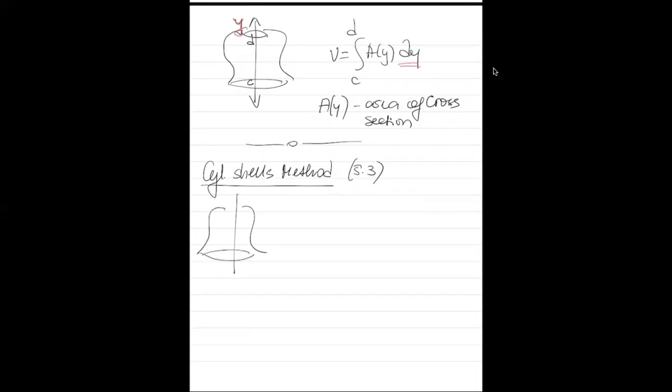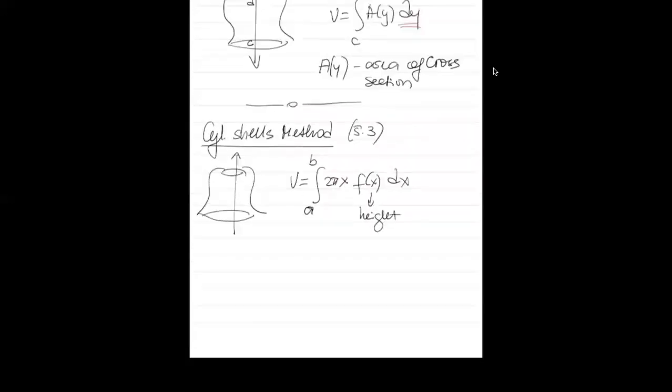We have some solid, it could be hollow inside, and we're using cylindrical shells to fill it in. The volume, in this case, with a vertical axis: what's different here is everything is in terms of x, even though we're rotating around a vertical axis. 2 pi x, f of x, dx. Again, that f of x is the height, and it may not be f of x. It could be the difference between two functions, f and g. So you have circumference, height, thickness.